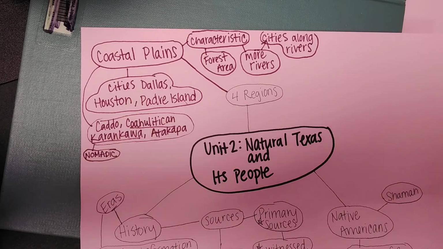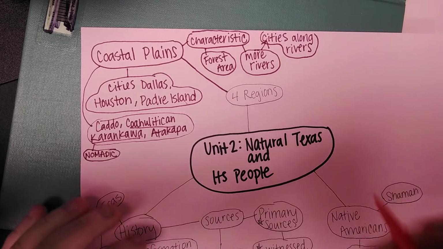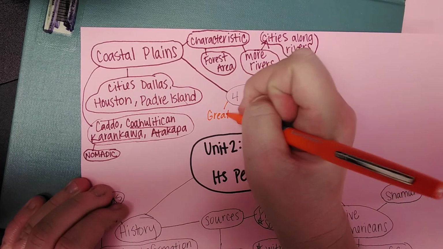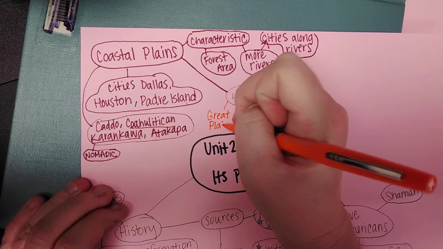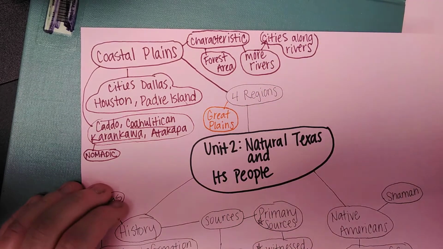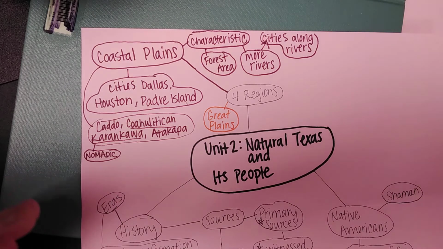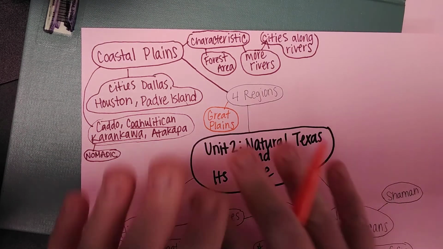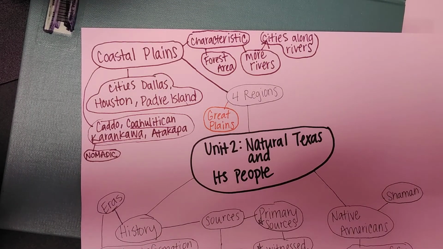Okay, let's talk about another region of Texas. Another region of Texas is the Great Plains. And I don't really have a lot to say about the Great Plains. Lubbock is there, so is Texas Tech. The Apache lived there, but those are not on your test, and this is a study guide for a test.